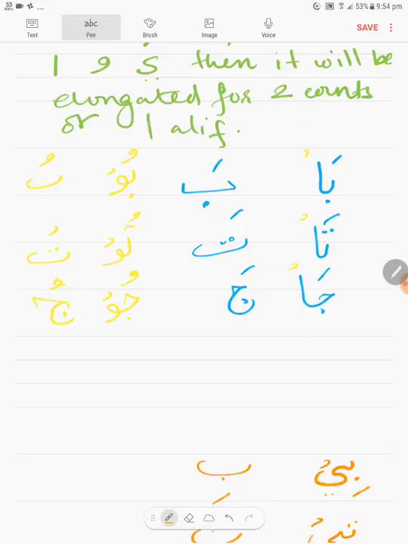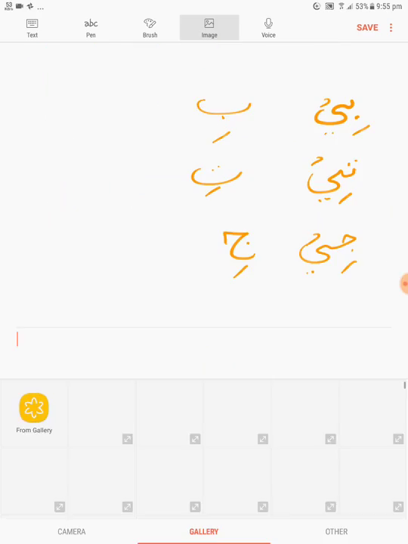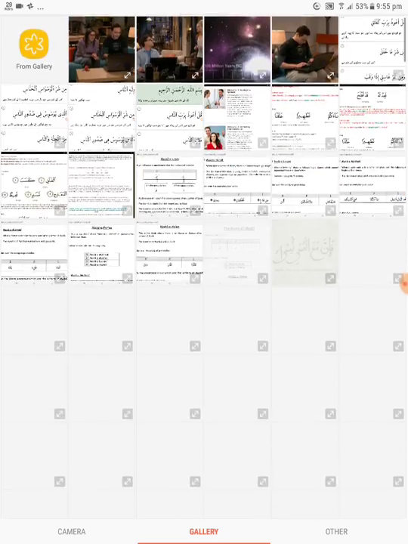Ba, ta, ja. See the difference? Bu, bu, tu, tu, ju, ju. Similarly, bi, bi, ti, ti, ji, ji. Let's try to pick out some examples so that it will be clearer for you.